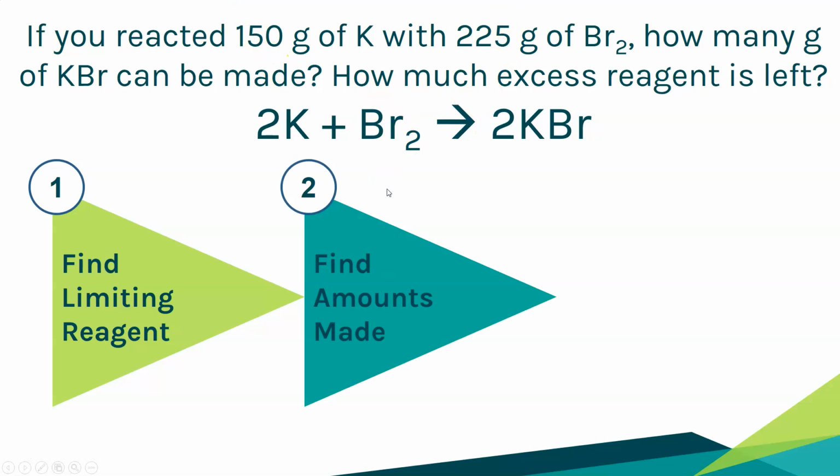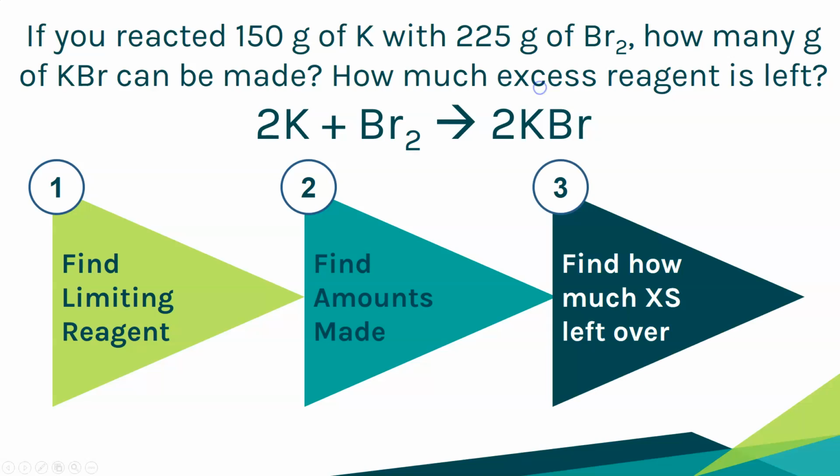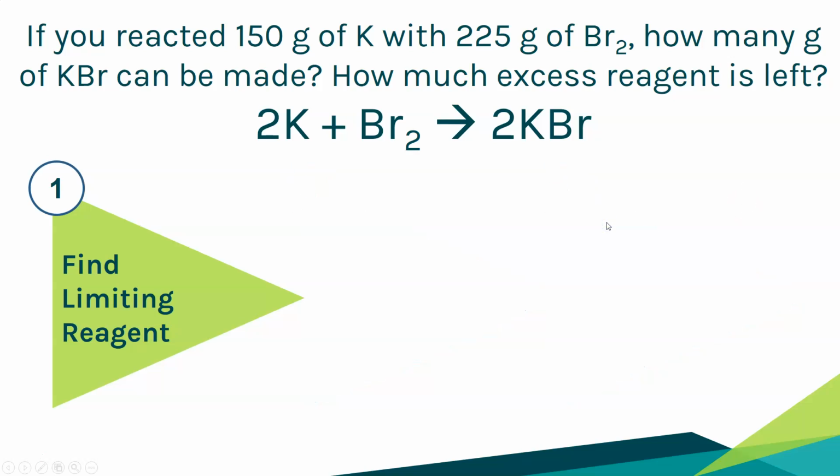Then I need to find the amounts made. That's asking me how much of that potassium bromide can be made. And then it's asking me at the end to solve for how much excess is left over. So this is going to be a pretty long problem. It's going to have all 3 parts. Let's do the first part. Let's find our limiting reagent.